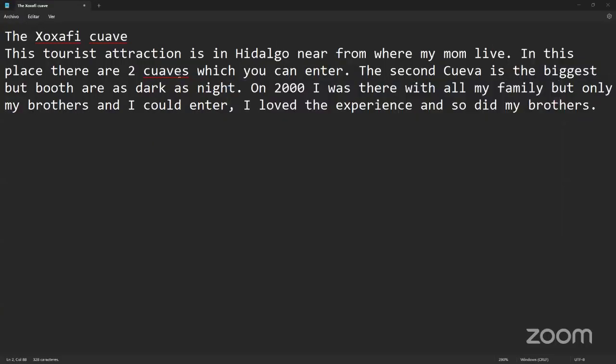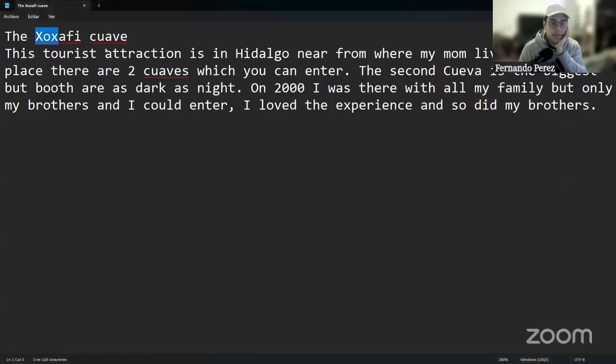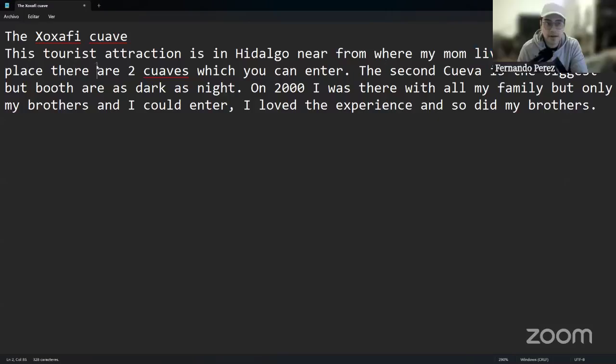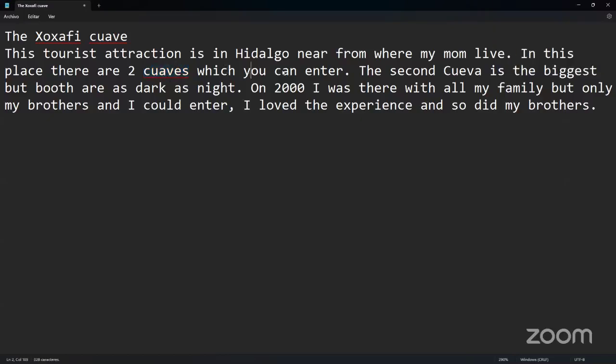Okay? Just in parentheses, the name would be the Soxafi cave complex. This tourist attraction is in Hidalgo, near where my mom lived. I live, you live, and my mom? Yes, be careful with this. In this place, there are 2 caves which you can enter.